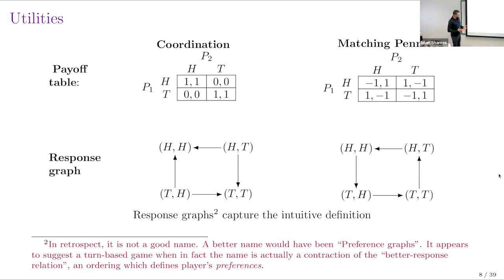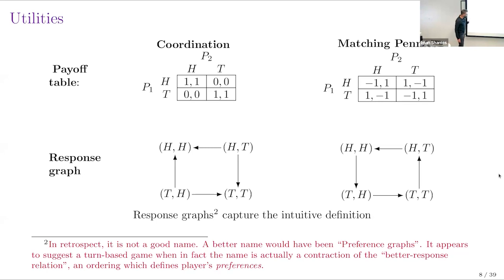So really, response graphs, the phrase that we used in the first paper, capture the intuitive definition of the game that they explained. Now, in retrospect, it wasn't a good name. We only realized it after we started talking to a lot of people, and a better name would have been a preference graph.